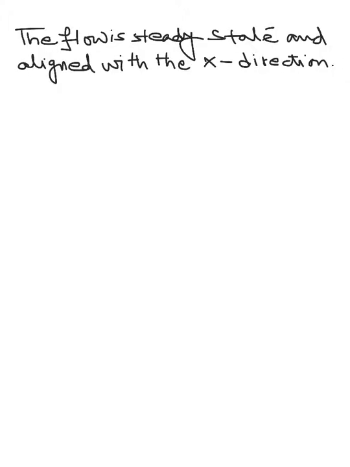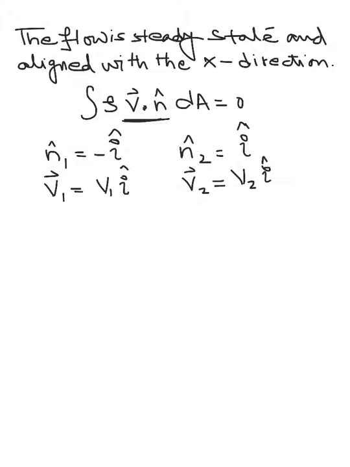Now I will represent the velocities and unit vectors in terms of vector indices. The flow is steady state and aligned with the x-axis, so I can write down the equation of conservation of mass. In this equation you can see that there is a dot product between two vectors, the velocity vector and the unit vector. So next I will write down the velocity vector and unit vector for each control surface. In this way I have put down the vectors in vector notation.